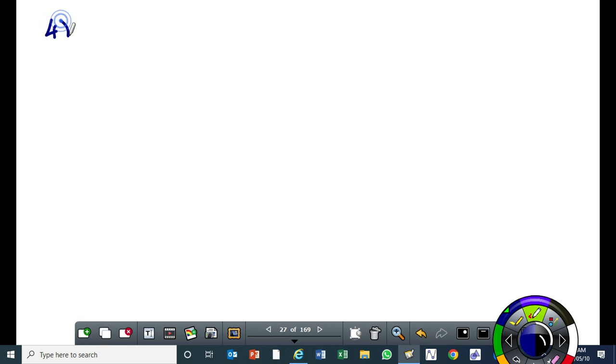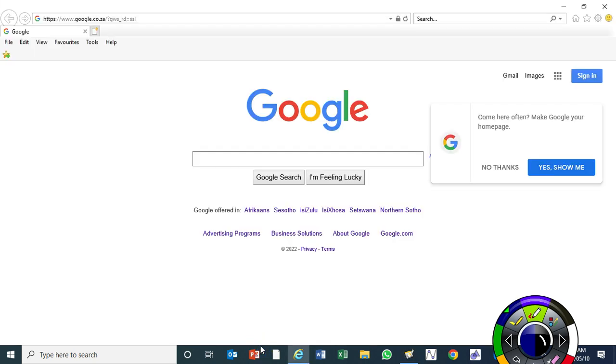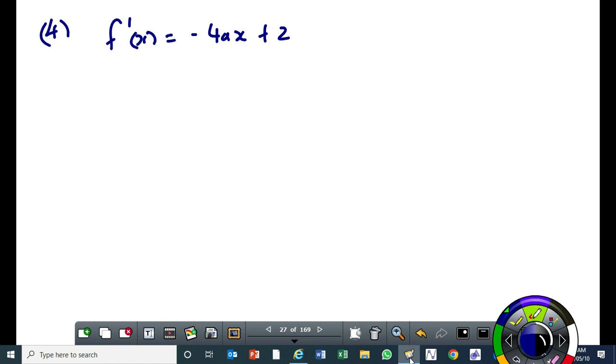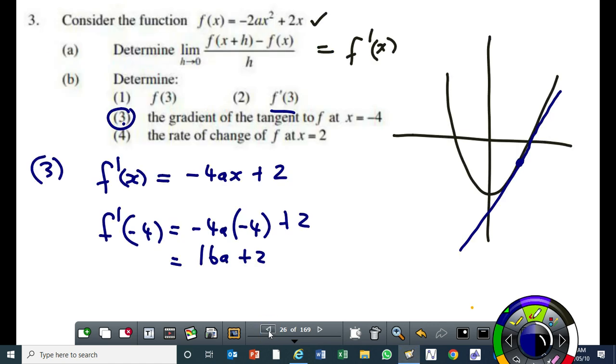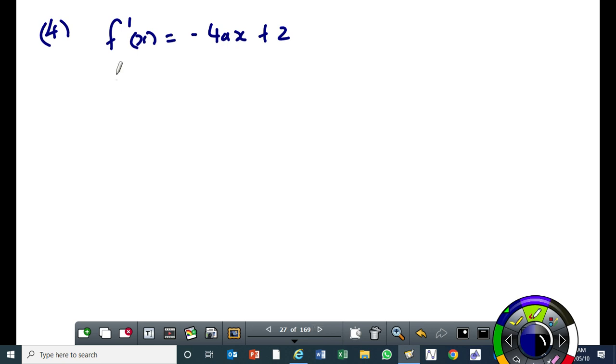Right, so number 4, f prime of x is equal to minus 4ax plus 2. Okay? So we want to find the rate of change of the function at x equal to 2. So what that means is we just have to substitute x equal to 2 into this expression.